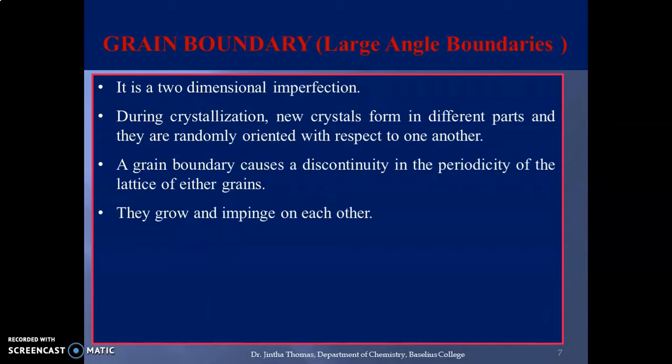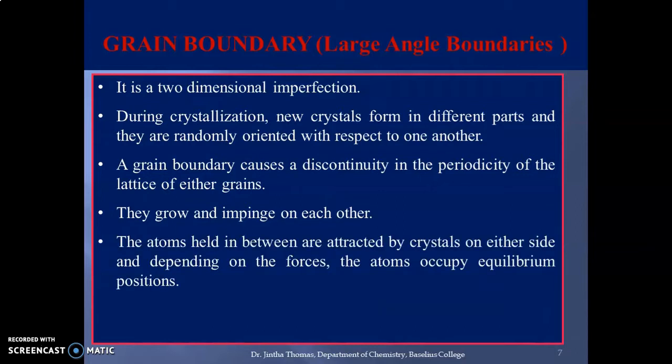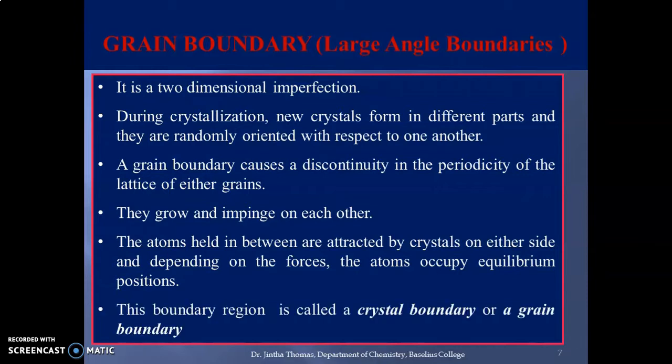These grains or crystals grow and impinge on each other. Atoms held in between are attracted by crystals on either side, and depending on the forces, the atoms occupy equilibrium positions. This boundary region is called a crystal boundary or a grain boundary.